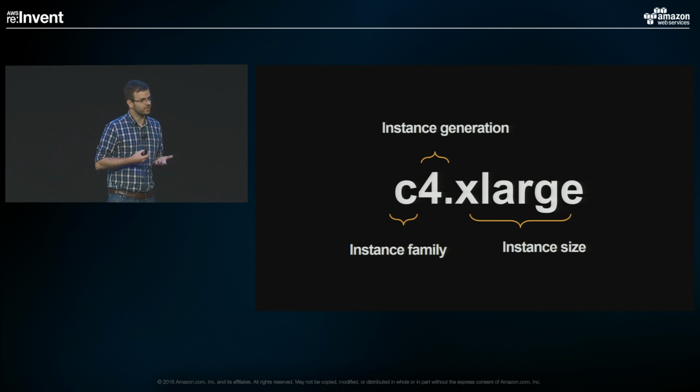So you've got C for compute, R for RAM, I for IOPS, so on and so forth. The next number you see is the instance generation. And you can think of this almost like a version number of your EC2 instance. So a C4 instance is newer than a C3 instance. And lastly, you have the instance size. And I've heard these called t-shirt sizes, which is a really great way of thinking about them. So you've got small, medium, large, extra large, so on and so forth.